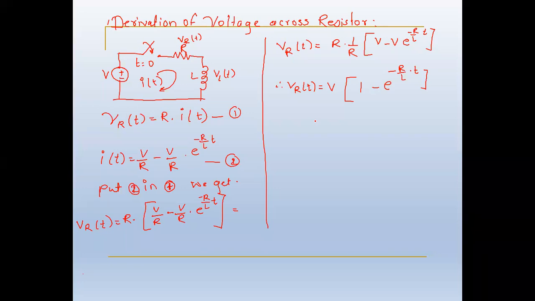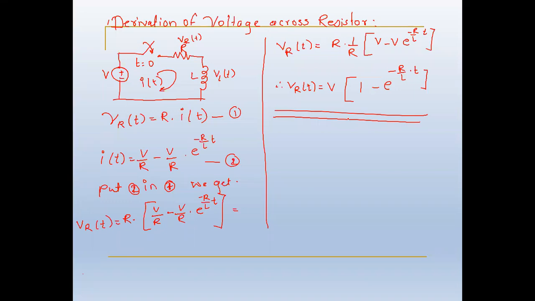So this is the equation of the voltage across the resistor for a driven RL circuit.